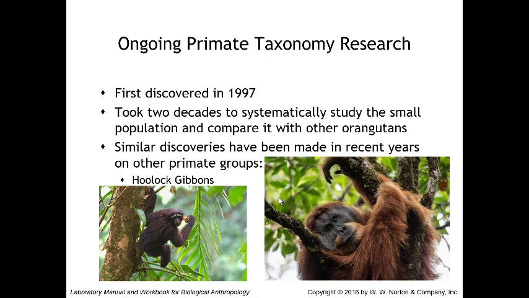Although Skywalker Hulock gibbons were known and had been photographed 100 years earlier, their status as a separate species was determined only recently, in 2017, after those systematic comparisons and genetic analysis. One thing to note is that in both the orangutan and the gibbon cases, people knew of the primates long before scientific research confirmed their distinct species designations.